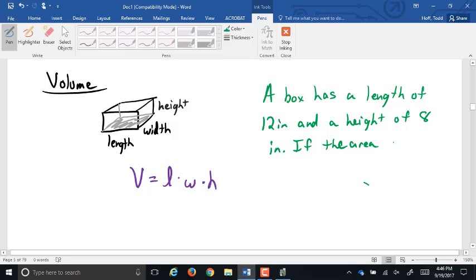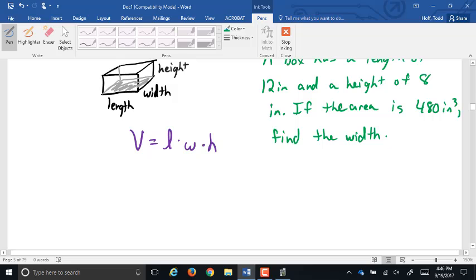If the volume is 480 cubic inches, find the width. The width, of course, is the only piece left unspecified.